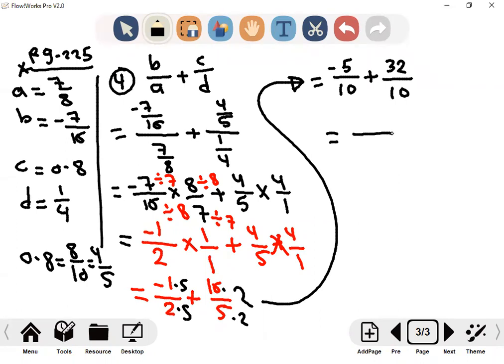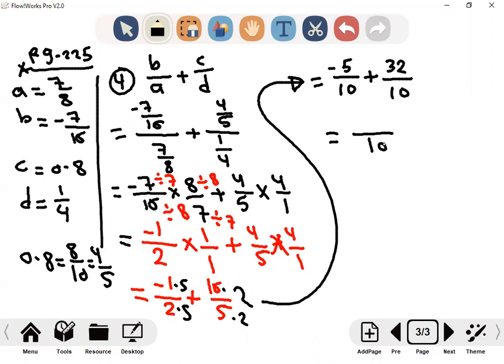Down 10. Negative 5 plus 32. Positive? No, the positive is correct, because positive is the bigger sign. Positive how much?